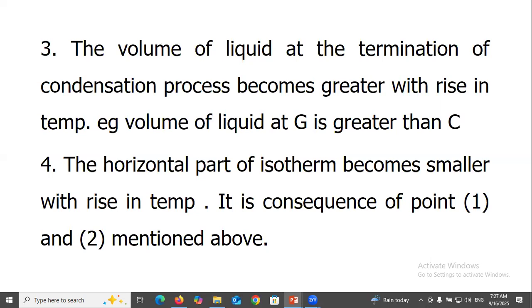For example, volume of liquid at G is greater than at C. The horizontal part of the isotherm becomes smaller with rise in temperature, a consequence of points 1 and 2 mentioned above.